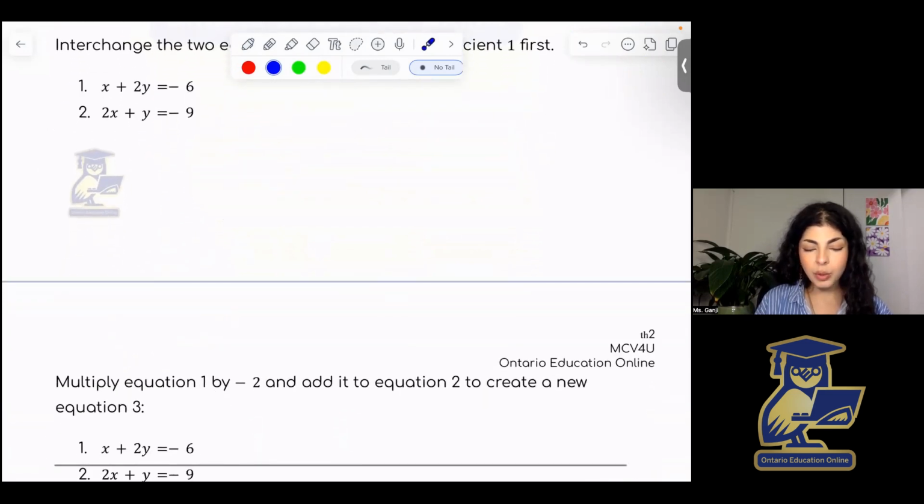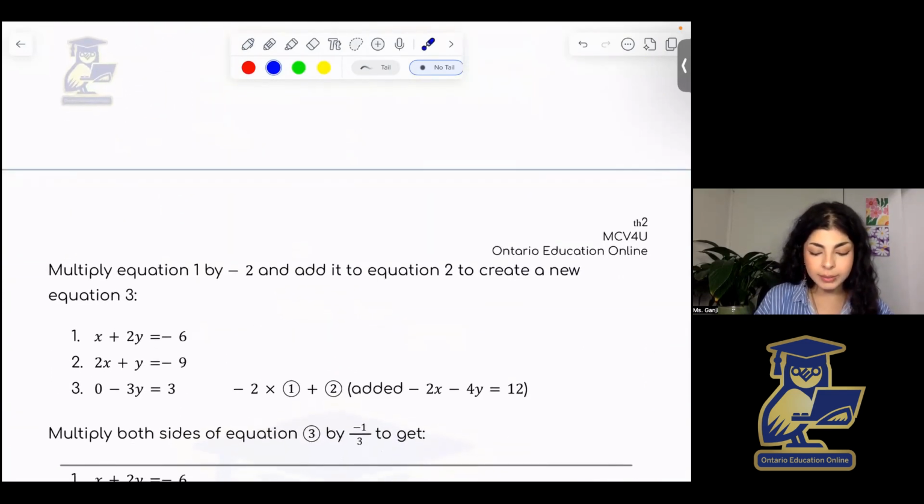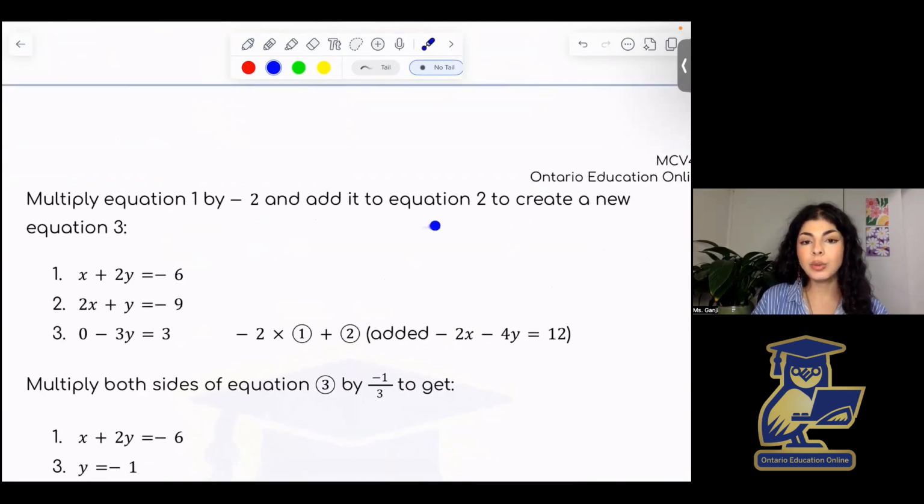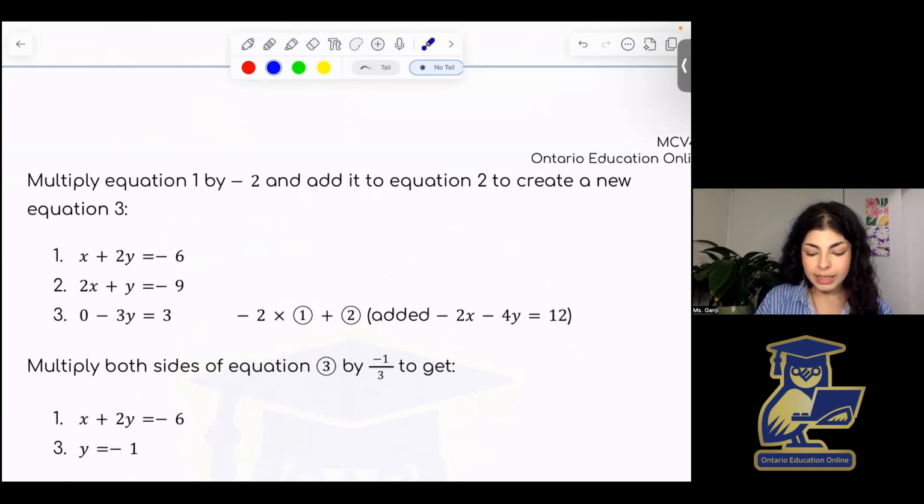Now I multiply equation 1, so x plus 2y is equal to -6, by -2 and add it to equation 2. So this is now that third elementary operation. The way we write that is equation 1, which has 1 with a circle, is multiplied by -2 and added to equation 2, which again has that circle.